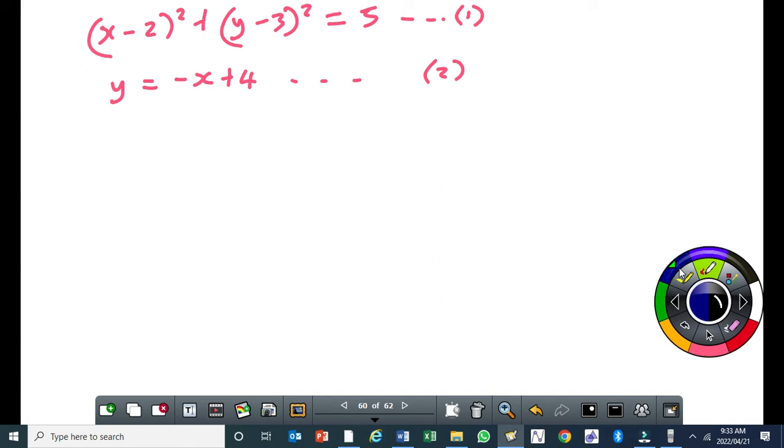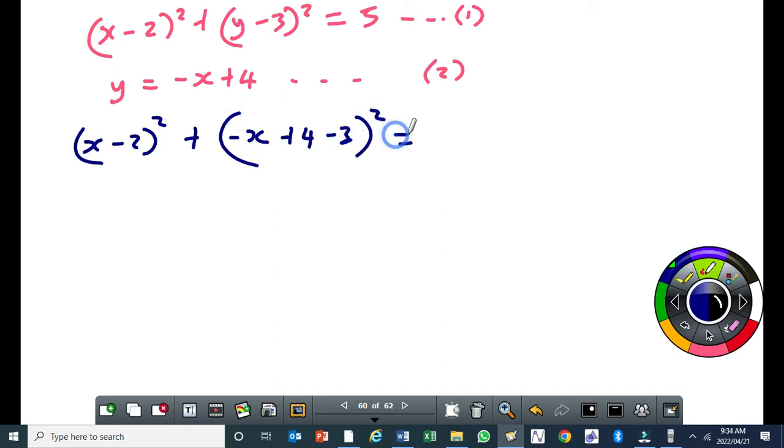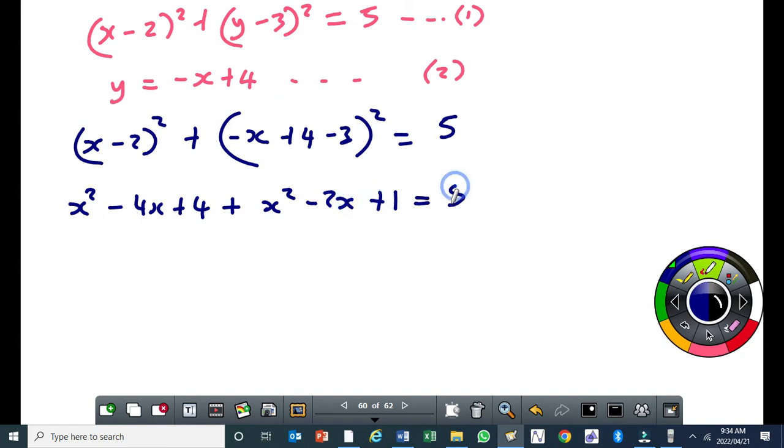Let me substitute: (x minus 2) squared plus (minus x plus 4 minus 3) squared. So we are solving simultaneously, and this is grade 11, by the way. You get x squared minus 4x plus 4, plus x squared minus 2x plus 1, equal to 5.